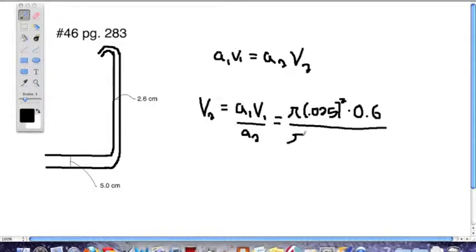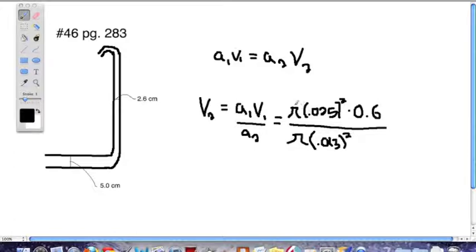the area of the second part of the tube, or the faucet, where the diameter is 2.6 centimeters, so the radius would be 0.013 meters. Square that.